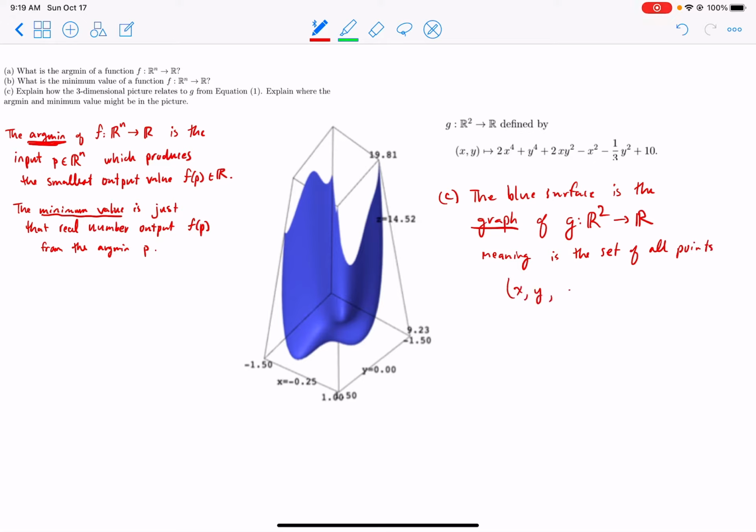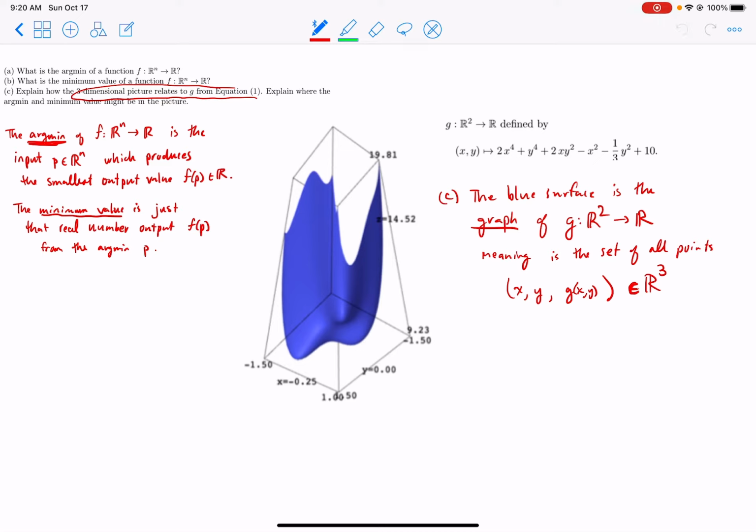X, comma y, comma g of xy. And this is all the points in three-dimensional space. An element of this means it lives in three-dimensional space. It's just a shorthand way to write that. Okay. So that takes care of how this picture relates to G.